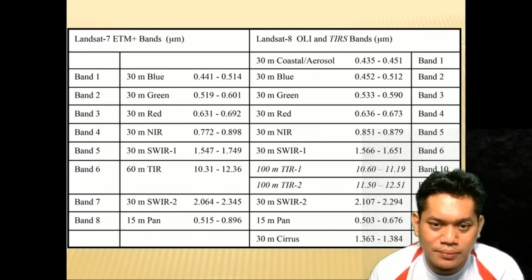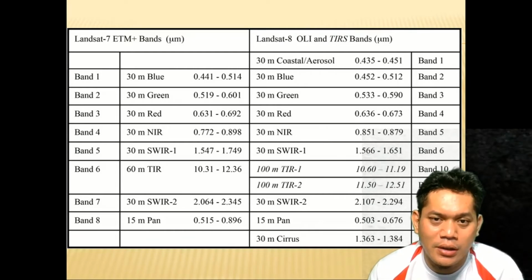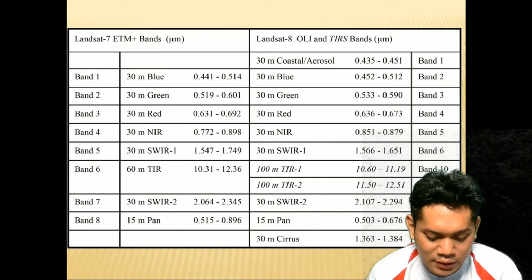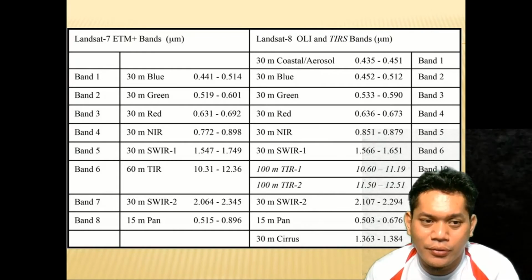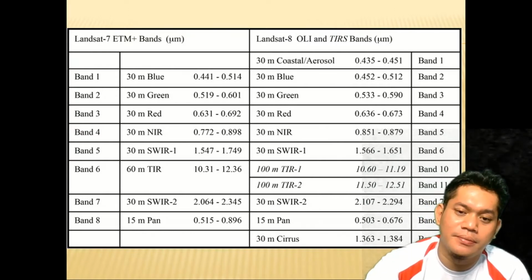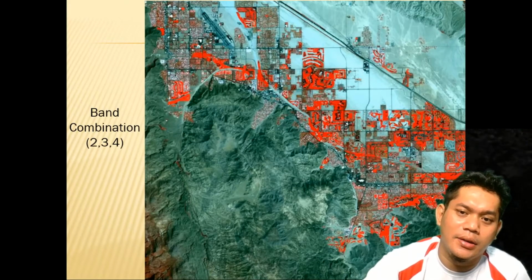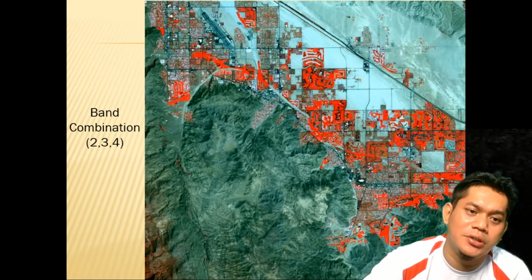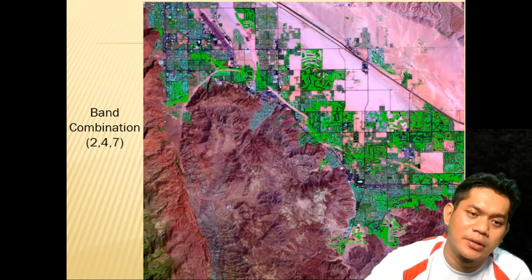You have 2 shortwave infrared, a near infrared, and you also have the coastal band for the water, for coastal monitoring. These are examples of the band combination 2, 3, and 4 RGB, and another one.